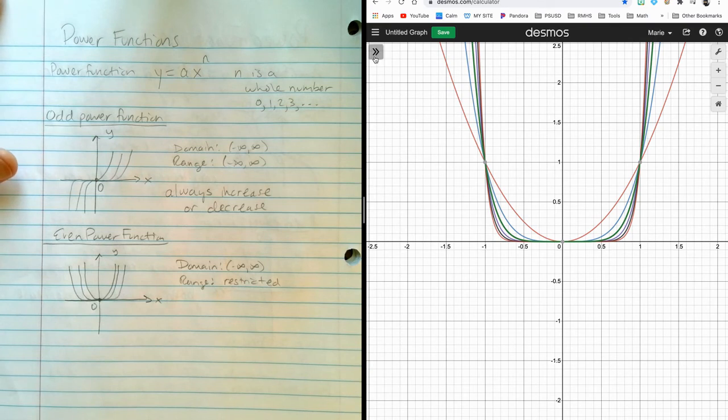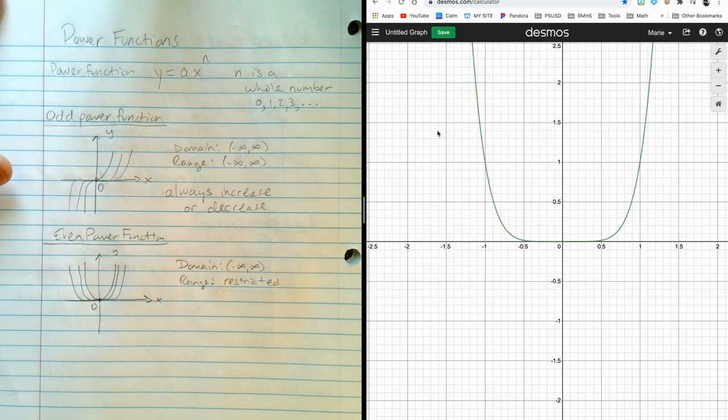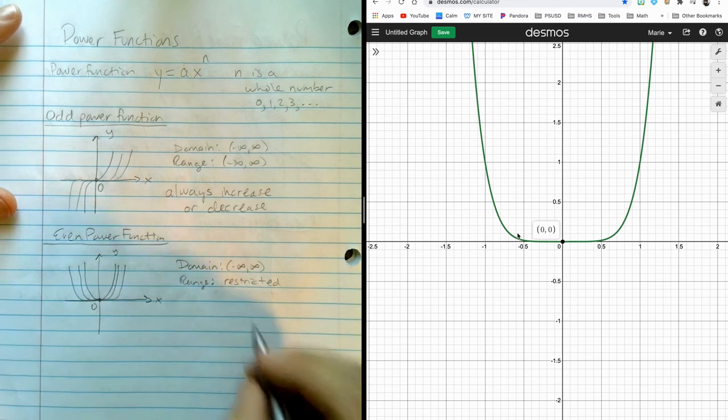And just like before, let's look at increasing and decreasing here. So let's look at x to the power of 6, just as an example. If I pick a point, notice as my x values are increasing, my y's are decreasing. And if I go to the other side, as my x values increase, my y values increase. So what this tells me is with these even power functions, it's both decreasing and increasing.